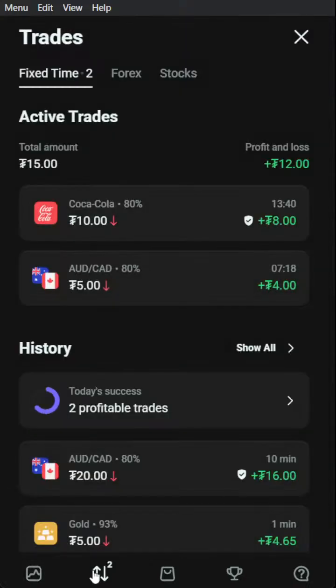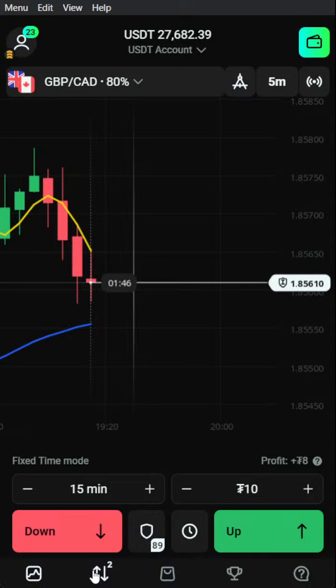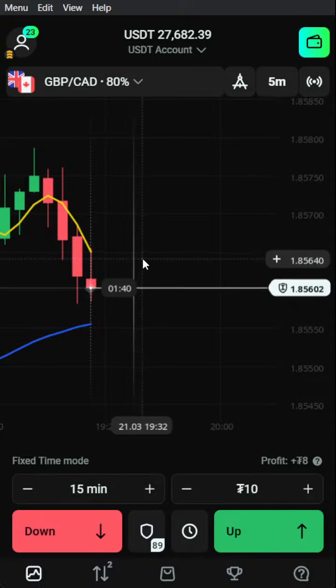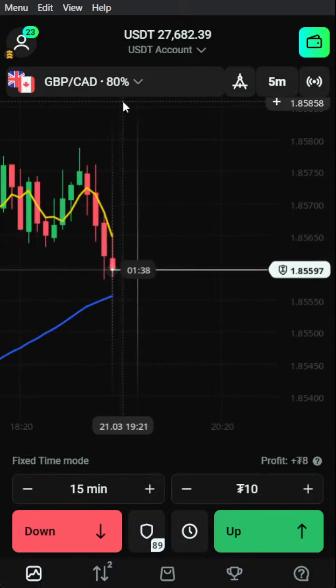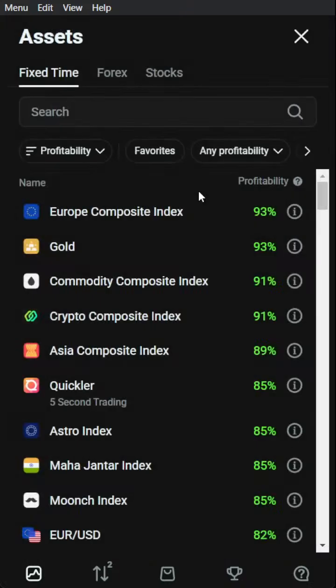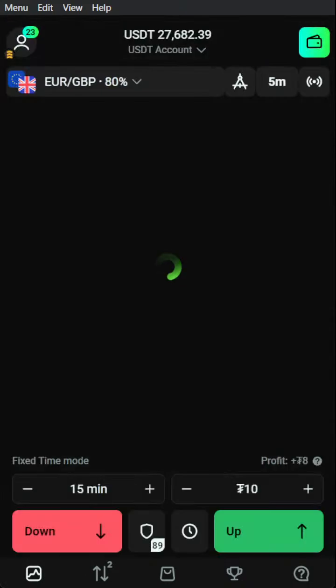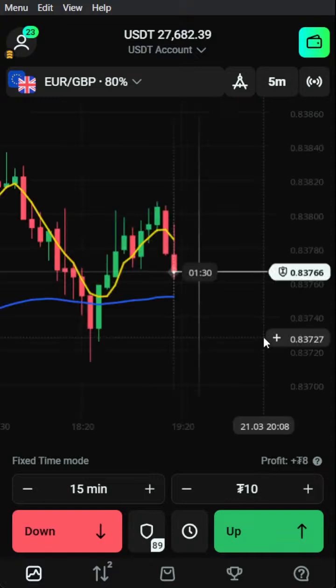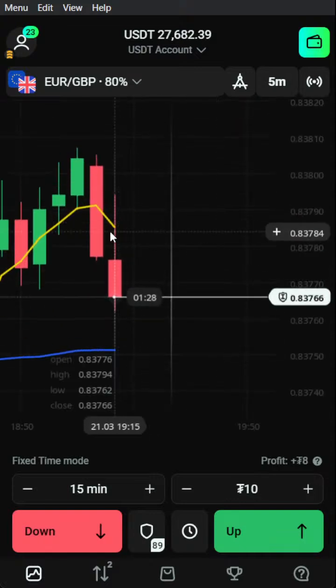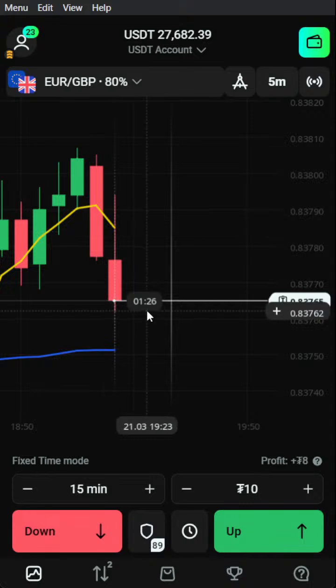Okay, what's the situation right now? Both the trades are positive. Okay, I'll check that. See, GBP CAD is also giving you a signal. Let's check Euro GBP. See, if I only see the color of the candle, we can make a down trade.